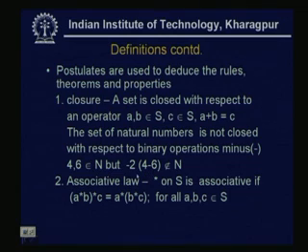Then 4 minus 6 is minus 2, but minus 2 is not an element in N, the natural numbers. So, the natural numbers N with respect to the binary operation minus is not closed. So, the closure property does not hold if we take the operator as binary minus.